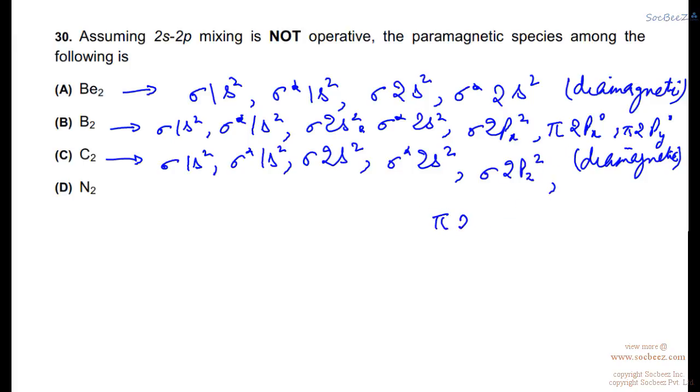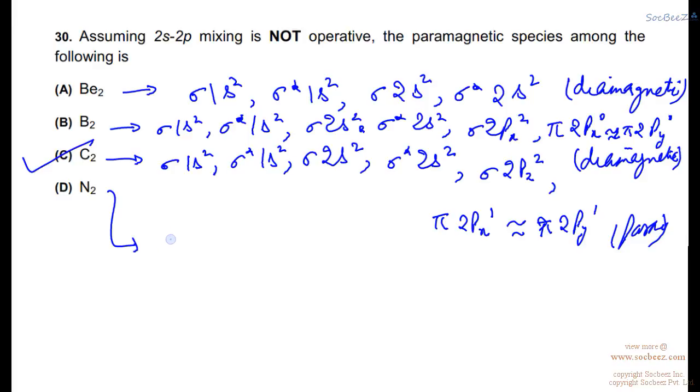Here now pi 2px1, since they are of equal energy, and this will be pi 2py1. Okay, so this is paramagnetic. Therefore option C is correct.